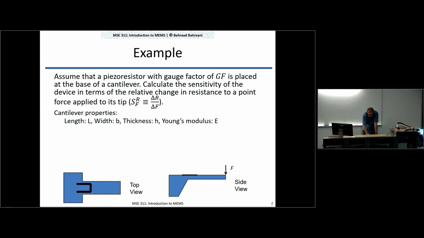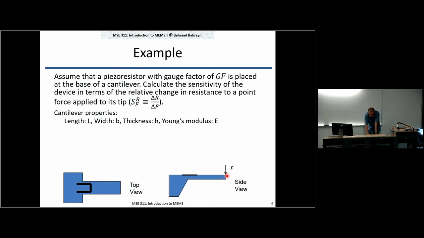So what I have is a cantilever. Let me see if I can get my pointer up. So this is the side view of the cantilever. I'm pushing the tip of this cantilever down, and because of that displacement, I will develop stress at the bottom, well, all along the length of this cantilever other than the neutral axis.